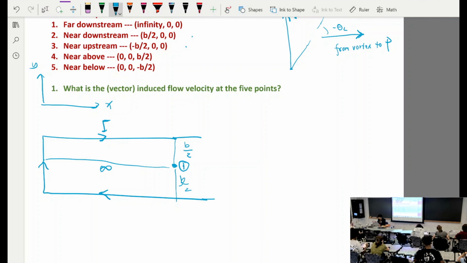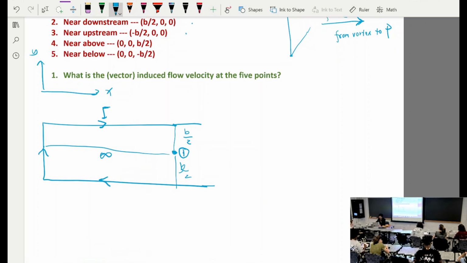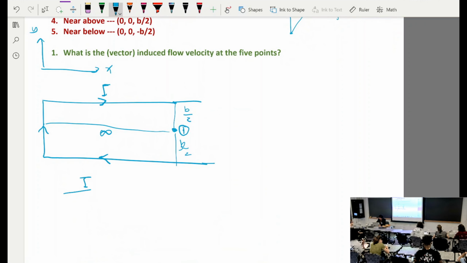And you also use the right-hand side rule to get the sign of the velocity. So the effect of this vortex, the flow goes down. The effect of this vortex, flow also goes down, right? So by combining these, what I get is gamma over 2 pi b over 2, and double, so times 2.